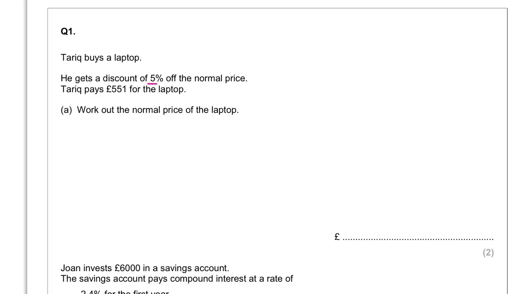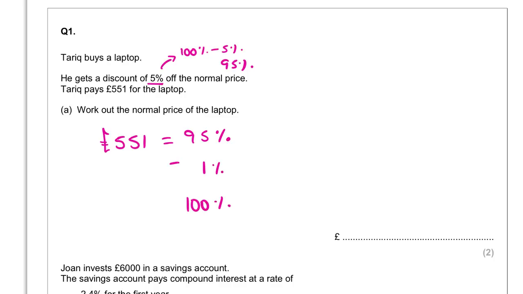Visually, what do we know? If there is a 5% discount, what's 100% minus 5%? This is actually 95%. So we are saying that $551 is 95%, and what we want to work out is 100%.